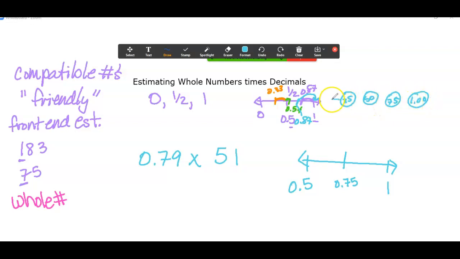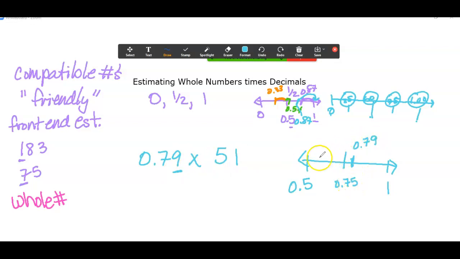So this is 0, and then this is a whole. 50 is right in the middle. 25 is in the middle of 0 and 50. 75 is in the middle of 50 and 100. So if 75 is right in the middle and we have 79, 79 would be maybe about right there.